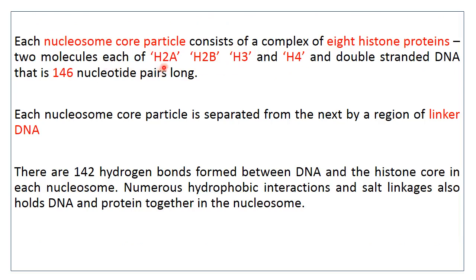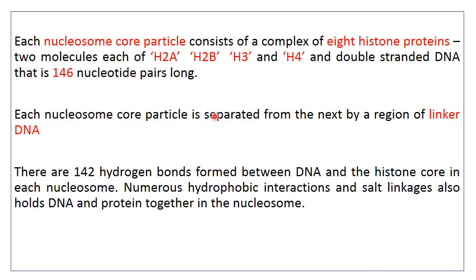There are 4 types of histone proteins: H2A, H2B, H3 and H4, and 2 molecules of each protein are used to form a nucleosome core particle around which the DNA remains wound, and the total length of DNA wound around this histone octamer is 146 nucleotide pairs long.